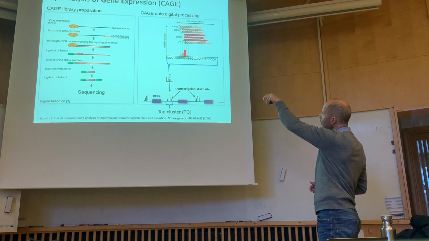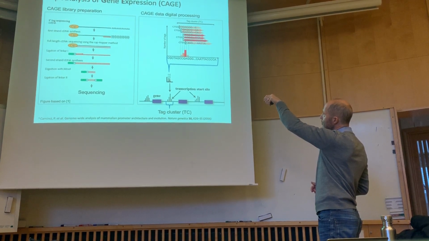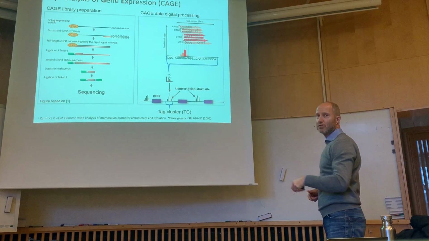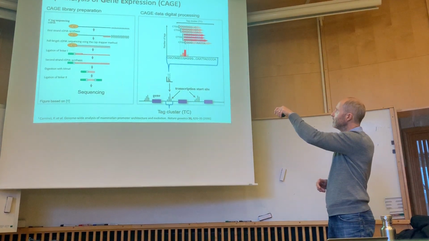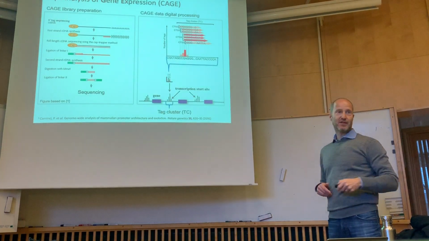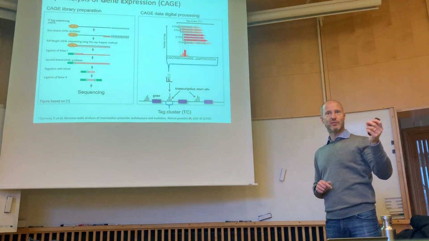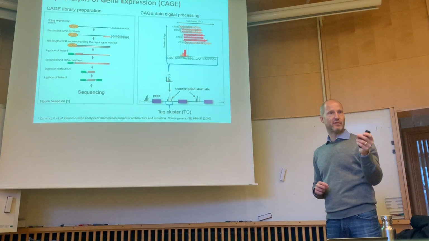We are only interested in the very first position. If you visualize these first positions, you get these kind of histograms. This is where a specific transcript has started, and the higher the bar, the more transcripts you had starting from that specific position.